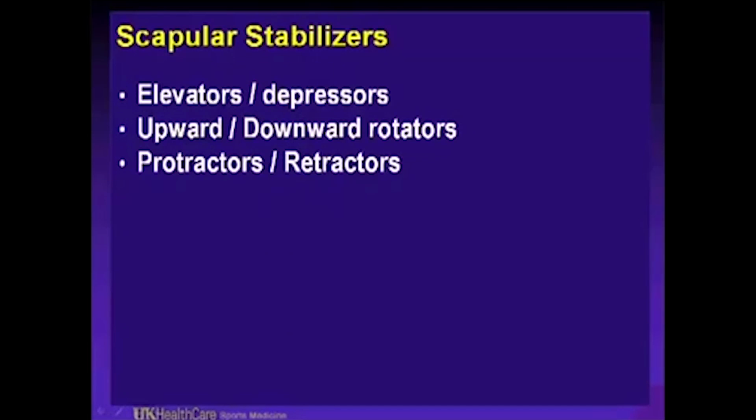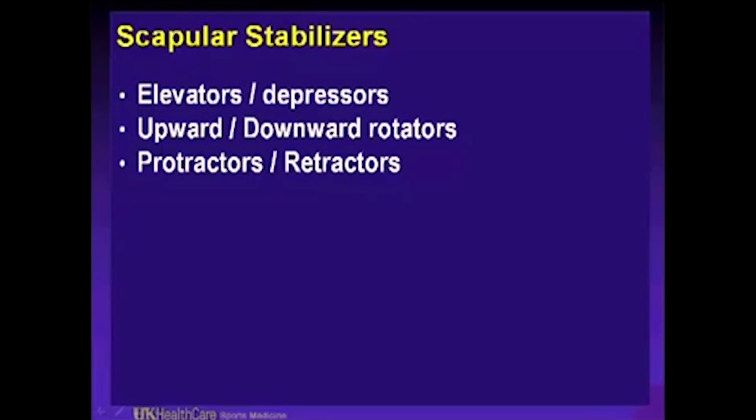The muscle groups which stabilize the scapula are the extrinsic shoulder muscles, most of which insert directly into the scapula. The latissimus dorsi and pectoralis major have indirect action on the scapula through their attachments to the humerus. The scapular stabilizers can be divided into elevators and depressors, upward and downward rotators, and protractors or abductors, and retractors or adductors.